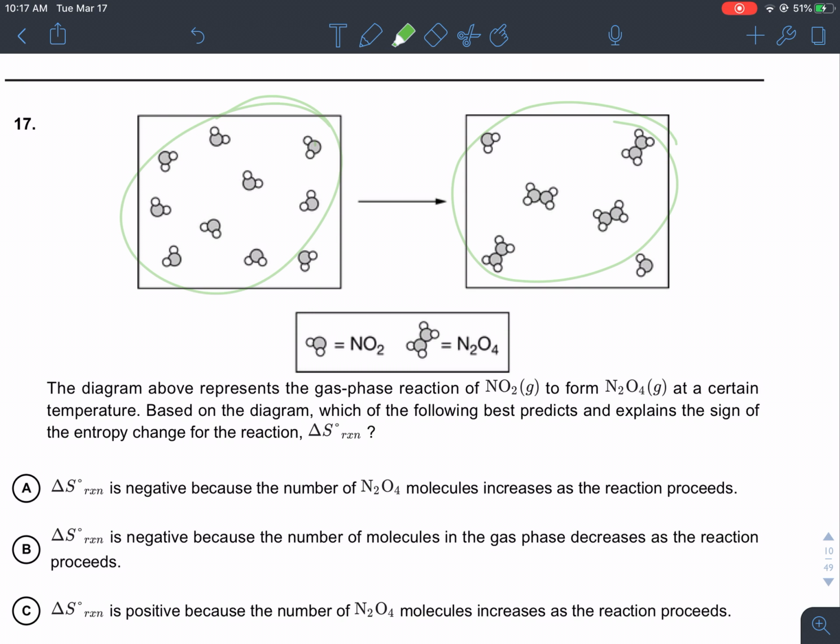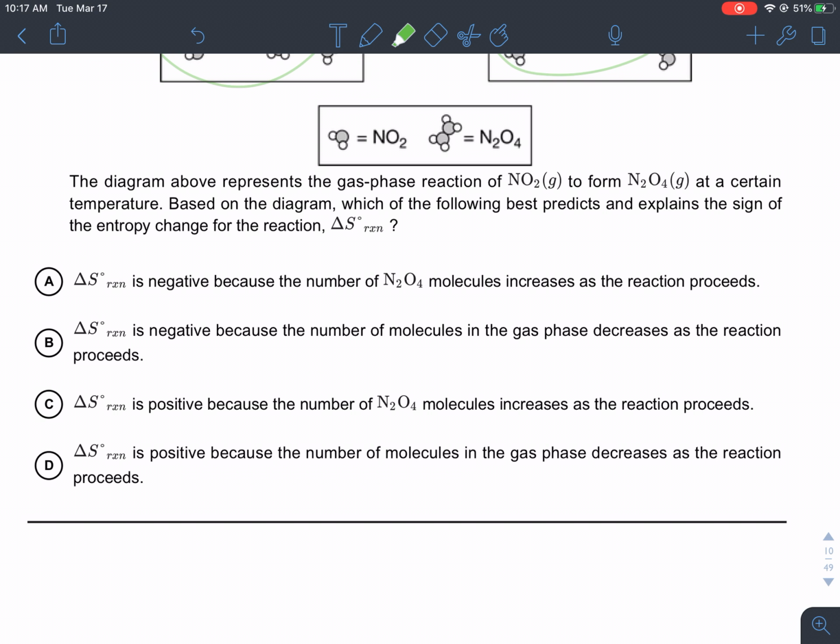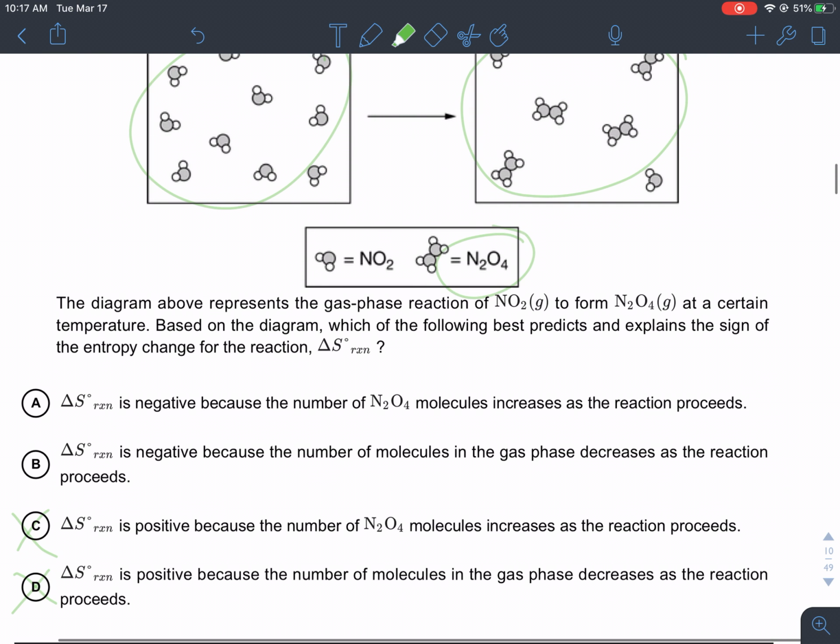So your entropy is decreasing, so your delta S is negative. You can already say it's not C, it's not D. It has to be A or B. Let's just read them. Delta S is negative because the number of N2O4 molecules increases.